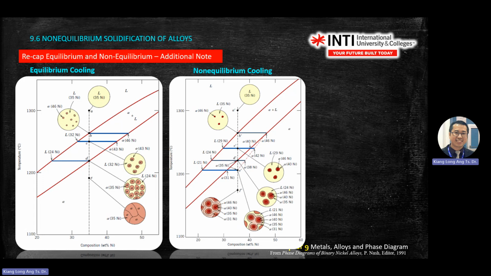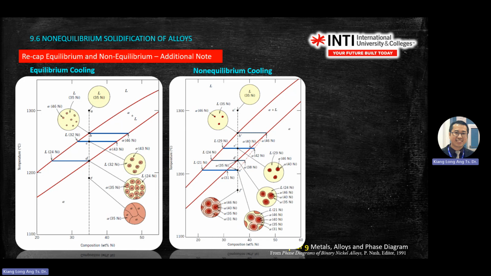Then what is the chicken pox? You need to tell the examiner what the dot in your diagram is. You label this one as alpha nickel. You know this one is alpha nickel, but you don't know how many percent nickel it is, right? This is solid. So how do you know it is 46% nickel? You extend this dot, extend this line to the right.